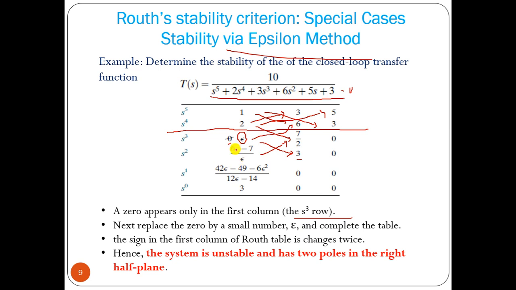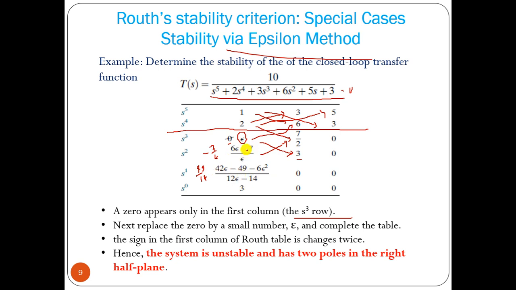If we put epsilon equal to 0 here, what will the value be? Minus 7 by epsilon, right? If we put epsilon tending to 0 here, we will have a positive value, plus 49 by 14.